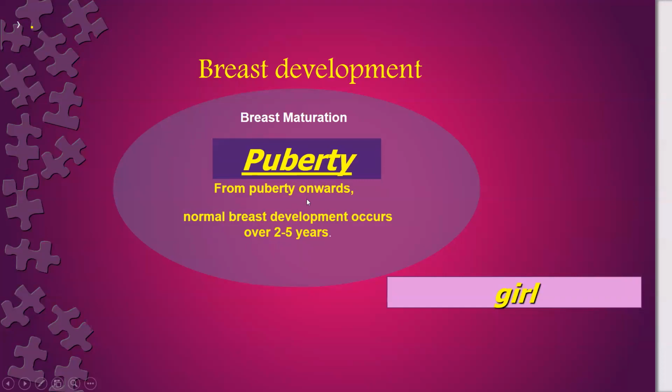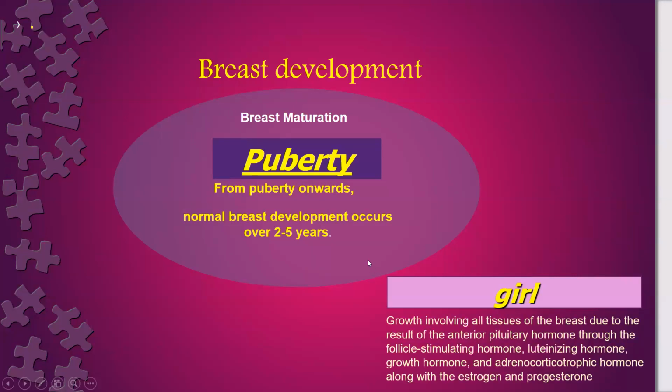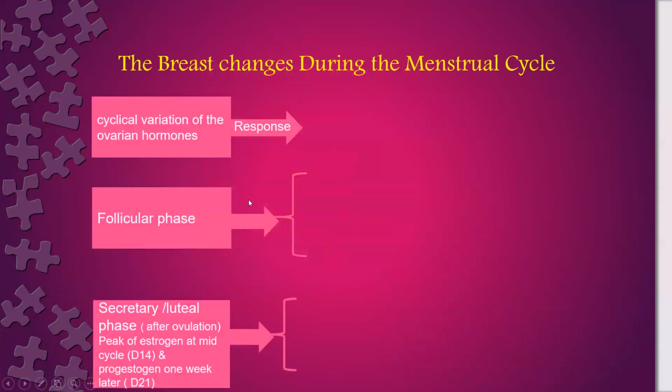And from puberty onwards, the breast develops every 2 to 5 years until adult life, and the growth involves all tissue, the gland tissue and the stroma, due to cyclic hormones. So do the changes during the menstrual cycle affect the breast and the mammography? Yes, it affects the breast and consequently affects the mammogram.